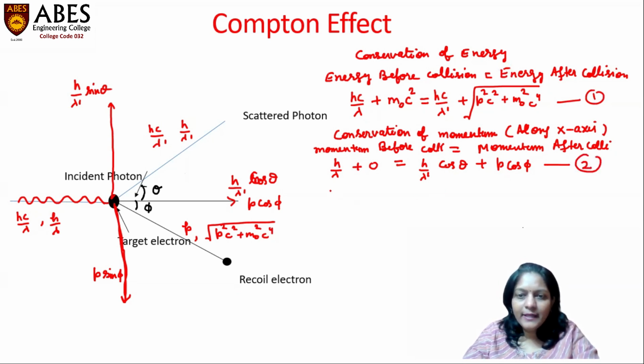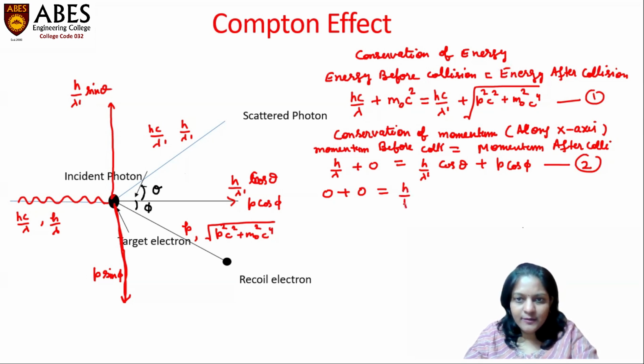Now we will apply momentum along the y-axis. Before collision, the X-ray does not have any component along the y direction, so it is 0. The electron is also at rest, so it has no component before the collision along the y-axis; it is 0. But the X-ray photon has momentum along the y-axis after collision.